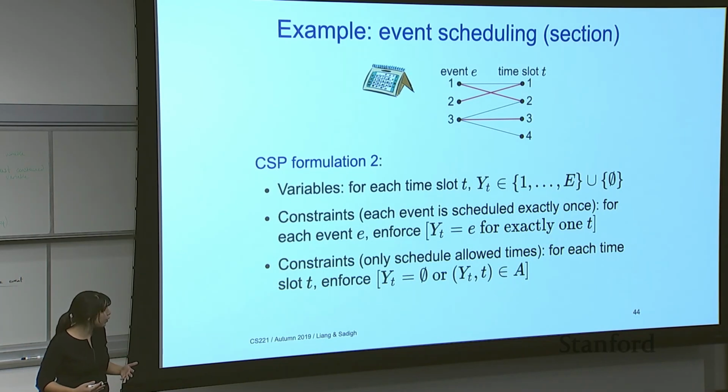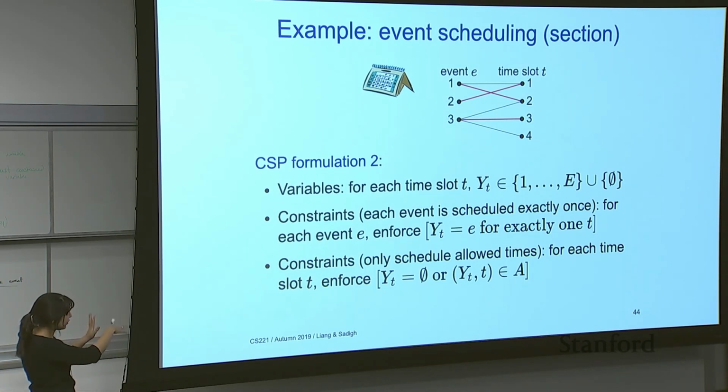And the question is, well, which one should we use? It really depends on whether E is greater than T or T is greater than E, right? If you have more time slots than events, if you have a lot of time slots and you have like 5 events that you want to set, then you should use the first algorithm, because that was where you had order of E squared number of constraints.